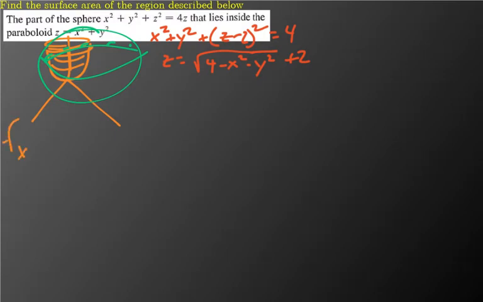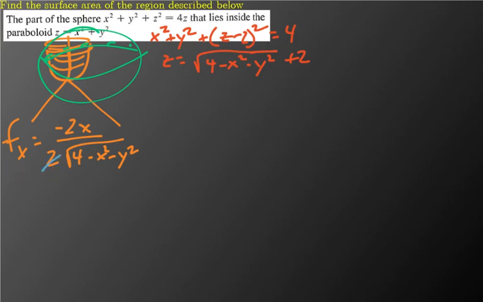So if we do f with respect to x, we would also cancel the 2's, because when you do the derivative of the square root, you're going to get a 1/2.